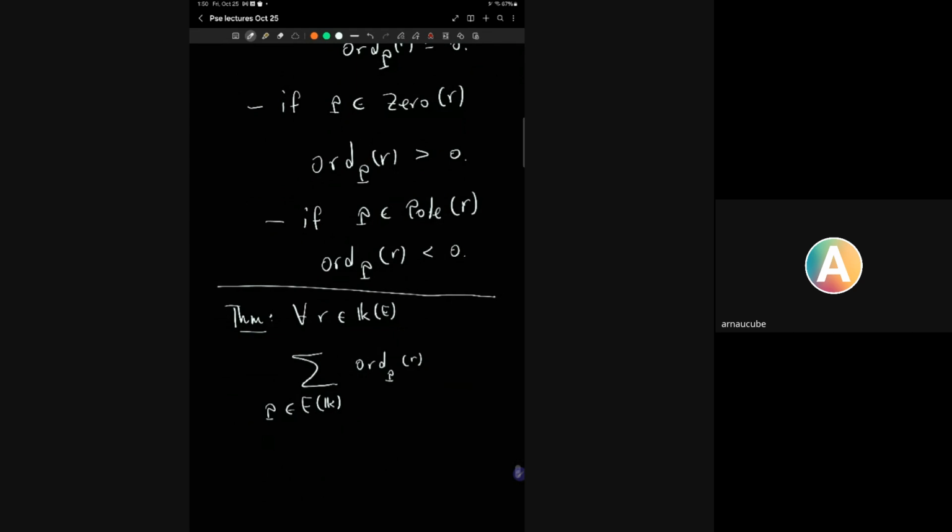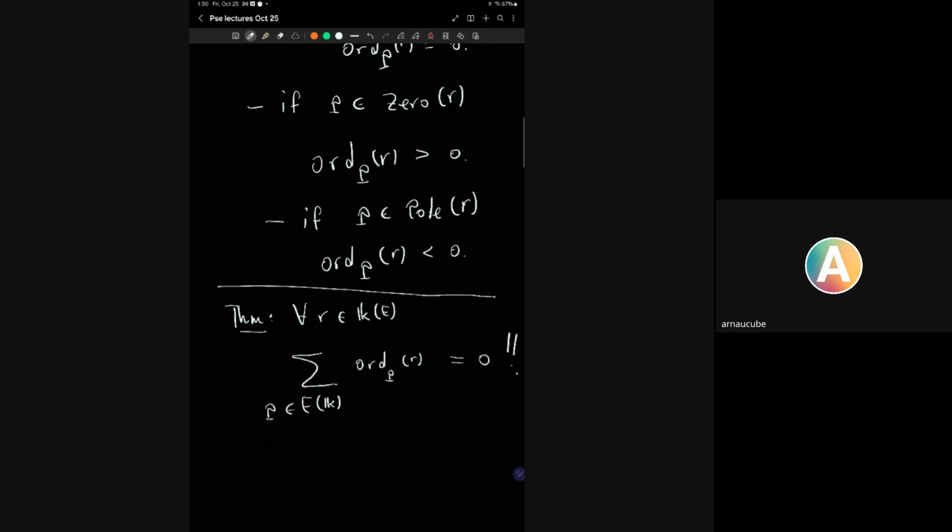So I can always take this sum. For points that are not zeros or poles, the order with respect to R is 0. So it's a sum with only finitely many non-zero summands, and the theorem says that it's always 0.